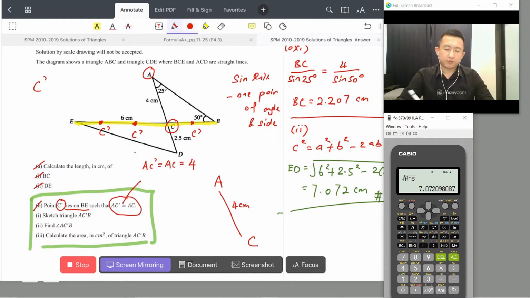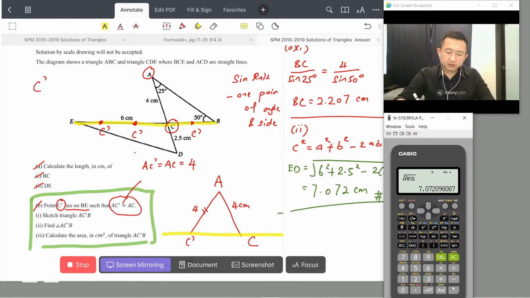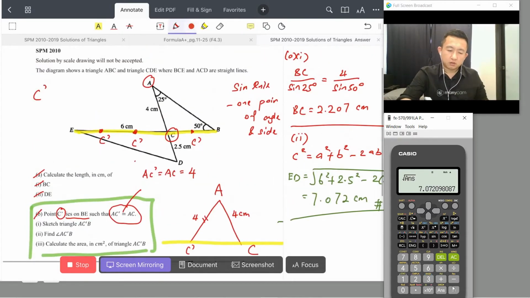Then wouldn't it be something like this? 4 cm, and this is C prime. And since C and C prime are on the same line, which is called line BE, like the yellow color, what did you observe?